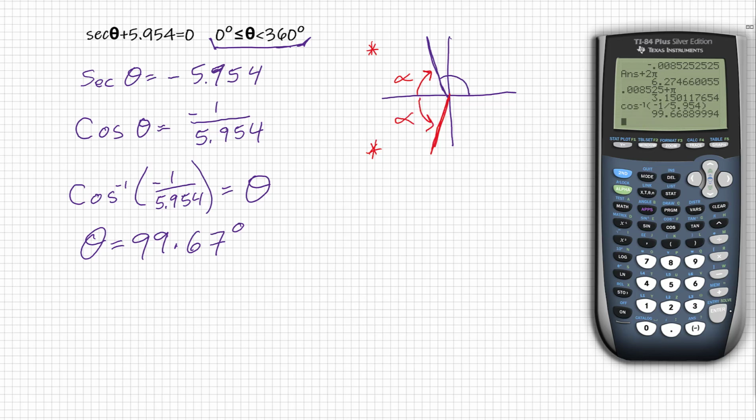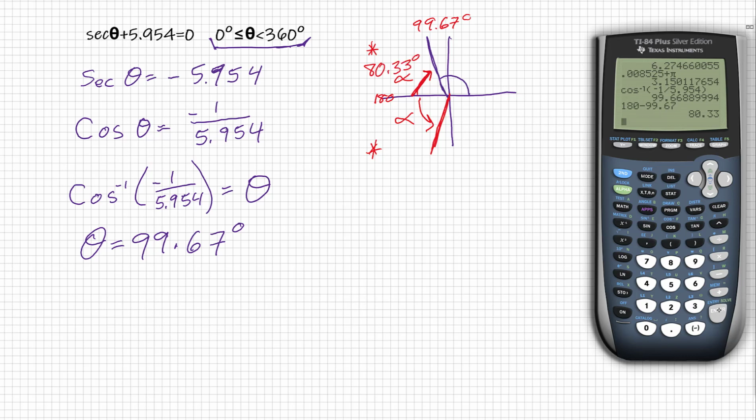So what I can do is find the difference between 180 and 99.67. That'll be my reference angle here. So 180 minus 99.67 equals, it gives me a reference angle of 80.33 degrees.